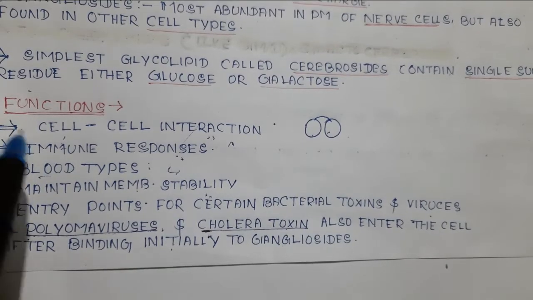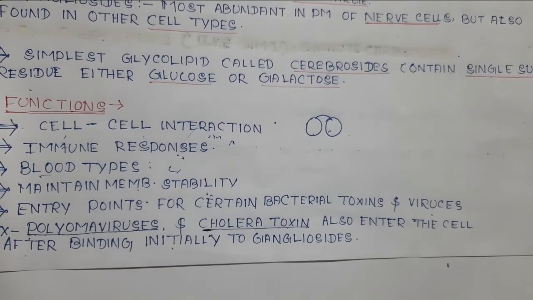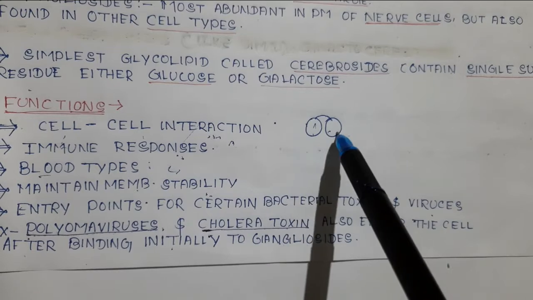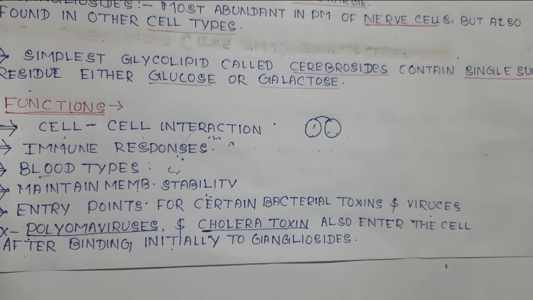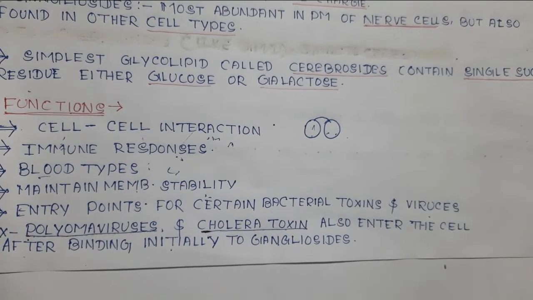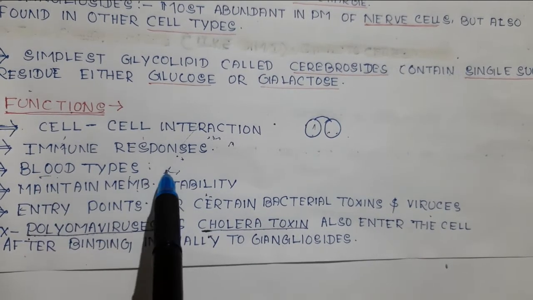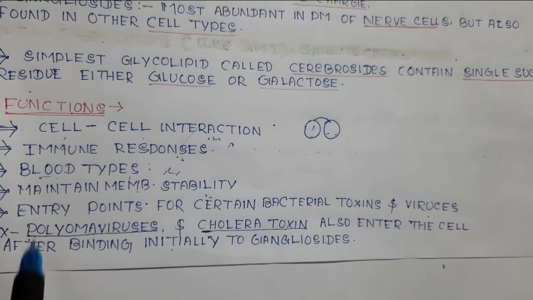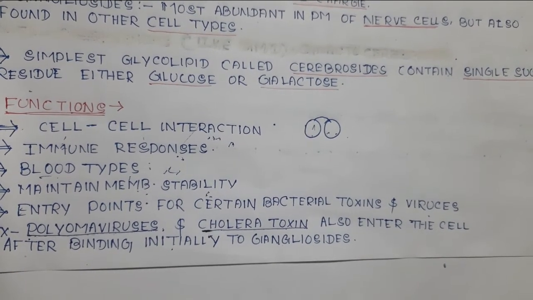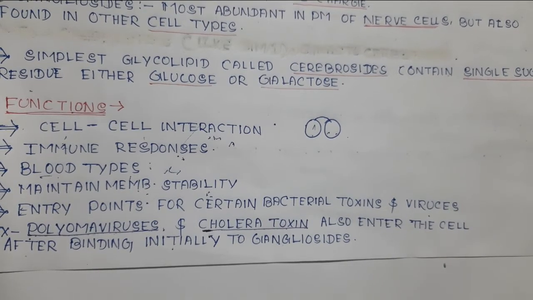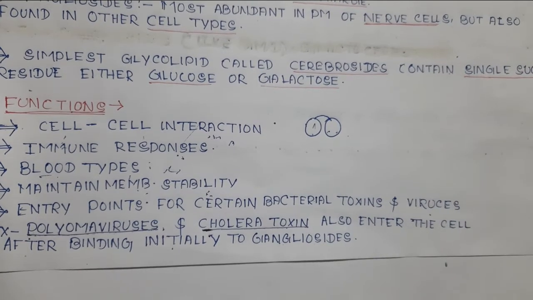Now we will see its functions. First, cell-cell interaction: one cell interacts with another cell, and glycolipids facilitate cellular recognition, meaning one cell recognizes another. It also helps in the immune response and in blood types. Then it maintains membrane stability, since it is an important part of the plasma membrane.